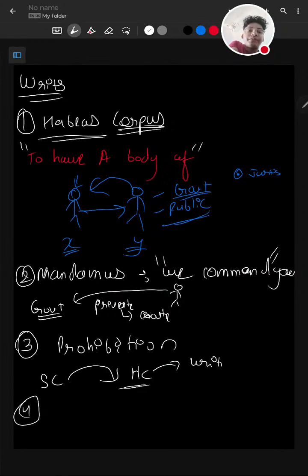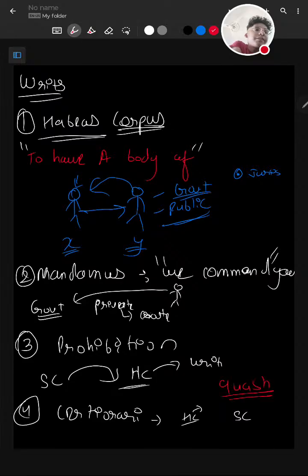And fourth is certiorari. Certiorari basically says that when the High Court issues an order, the Supreme Court can quash it. Quash is the main word here, and it basically means cancel or like squash. So when the High Court issues an order, the Supreme Court can quash that order of the High Court.